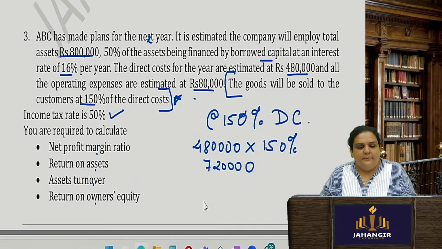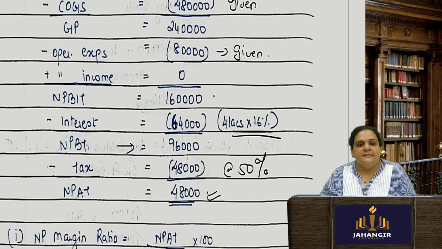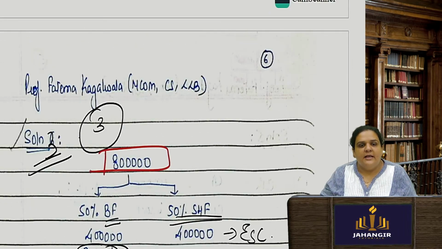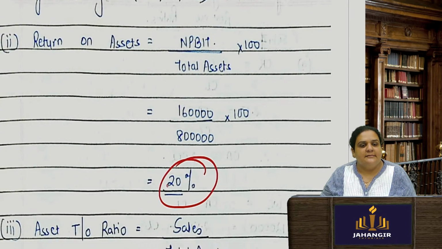How much is my NPBIT? Here, NPBIT 1,60,000. Total assets which I need, we just did it here. This is the total assets which we will need, capital employed, kind of. Right, 8 lakhs into 100. So 20% return on assets.